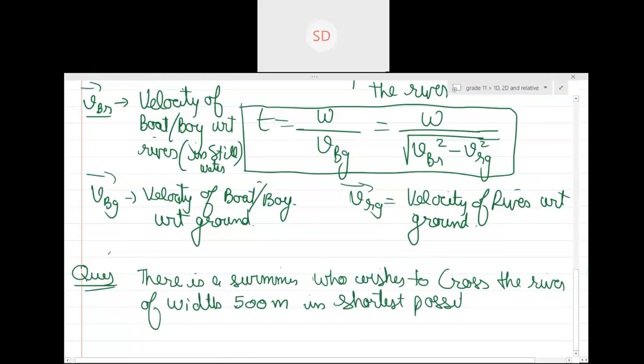Can you see, the question will mention whether it is the shortest possible path or normal.